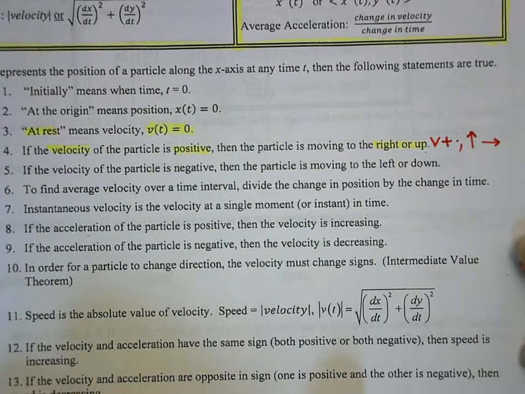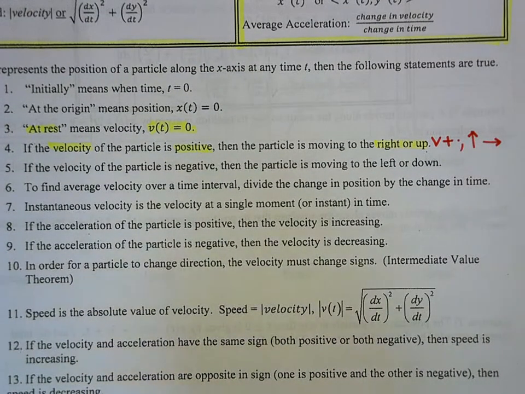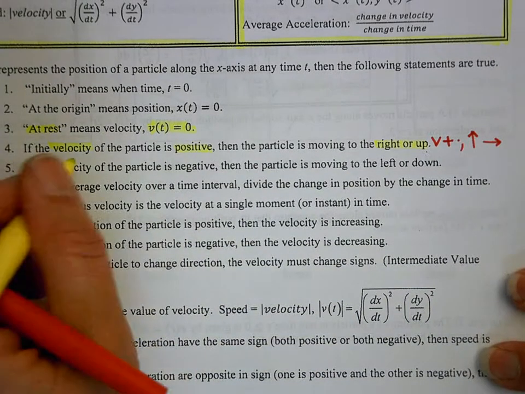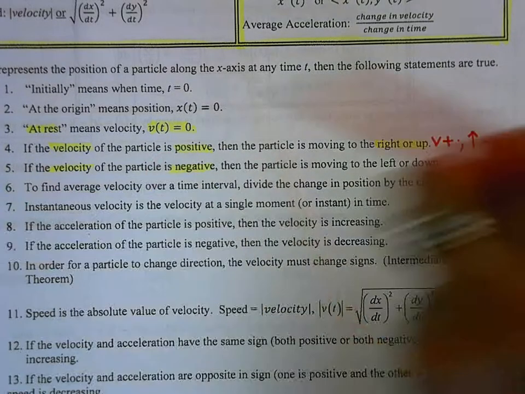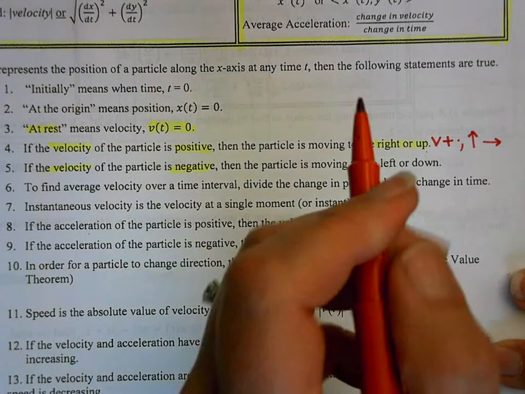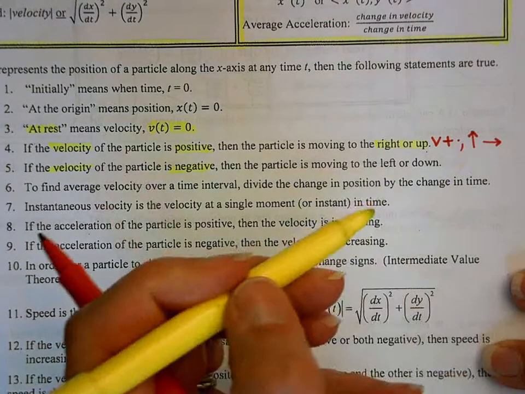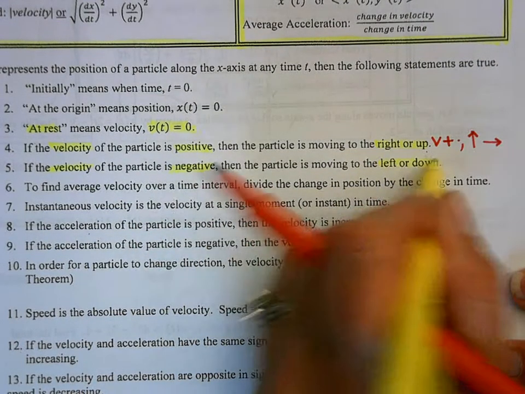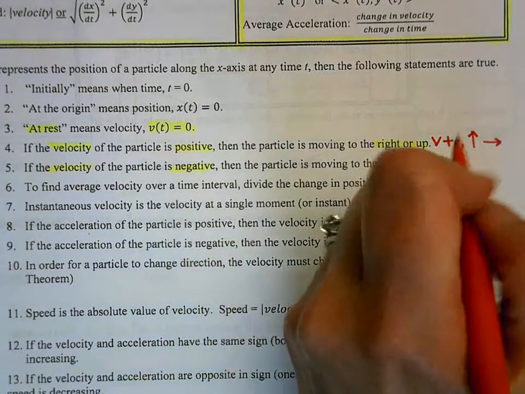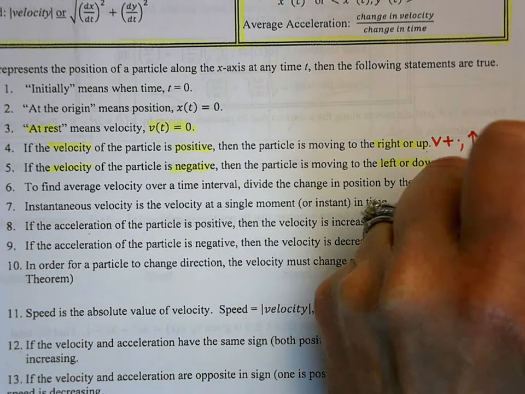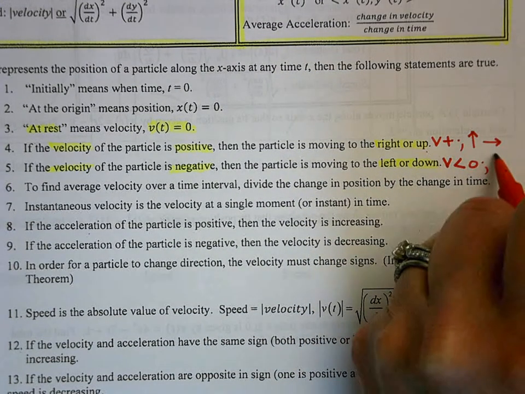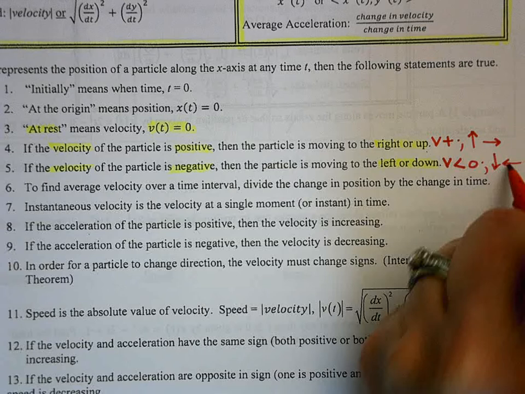Okay. And then if your velocity is negative, so velocity has direction, so it could be positive or negative, then that means specifically your movement is either leftwards or downwards. So if your velocity is negative, so I'm going to write it as less than 0 this time, then you're either moving downwards or you're moving left.